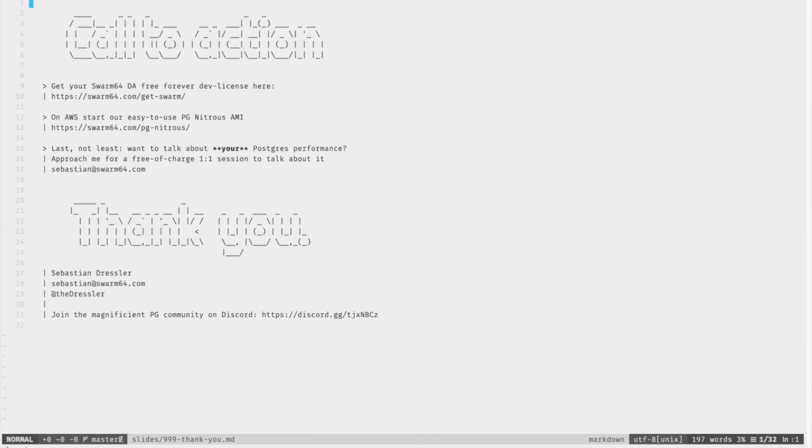These features I just showed you, you can of course switch on and off as you want. If you don't need the column store index because your tables are not big enough, maybe there's a certain size where it starts making sense, just don't use the column store index, but use everything else. That's TimescaleDB.